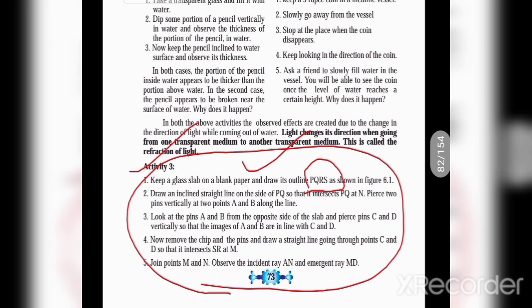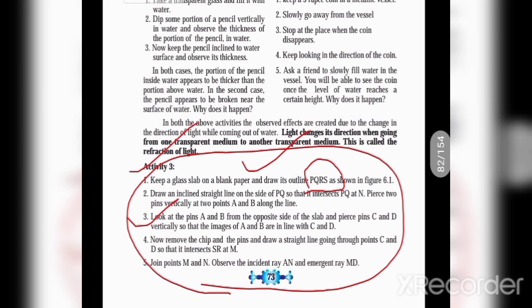Draw an inclined straight line on the side of PQ so that it intersects PQ at N. Fix two pins vertically at two points A and B along the line. The third and very important point: look at pins A and B from the opposite side, that means the RS side.